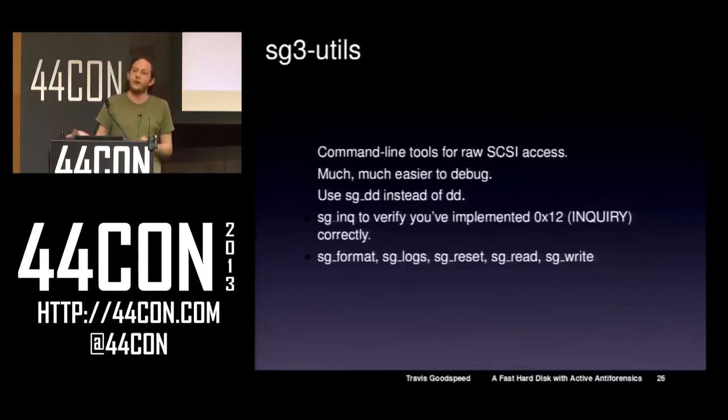So if you actually want to read in small chunks, you have to use SG3's version of dd, which does allow you to control how much you read at a time. So if you have a very old SCSI disk that can't send more than 2 blocks at a time, using SG3 dd, if you set block size to 2, then it will read in those chunks.